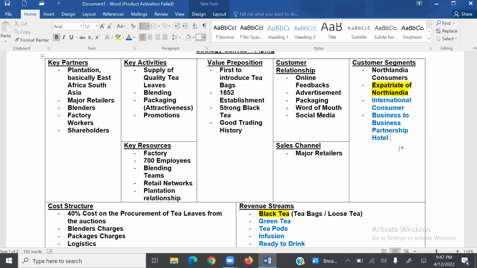All right, sir. Okay, so Monica, coming back to the application. Business to business partnership with hotels is one more customer segment. The other part of customer segment that this organization can generally consider is expatriates, international consumer, business to business.